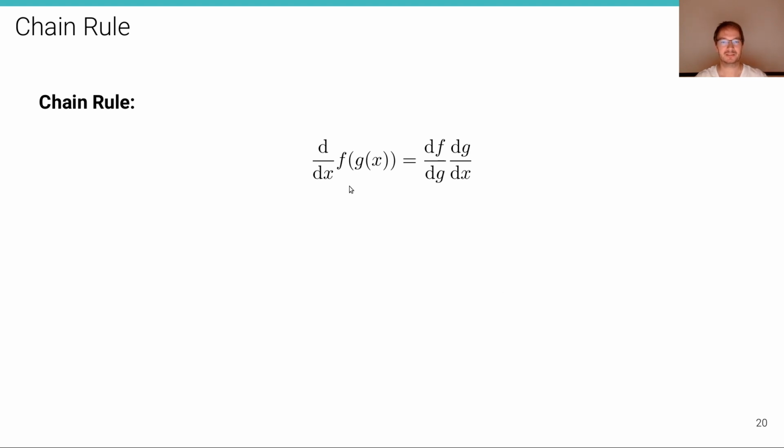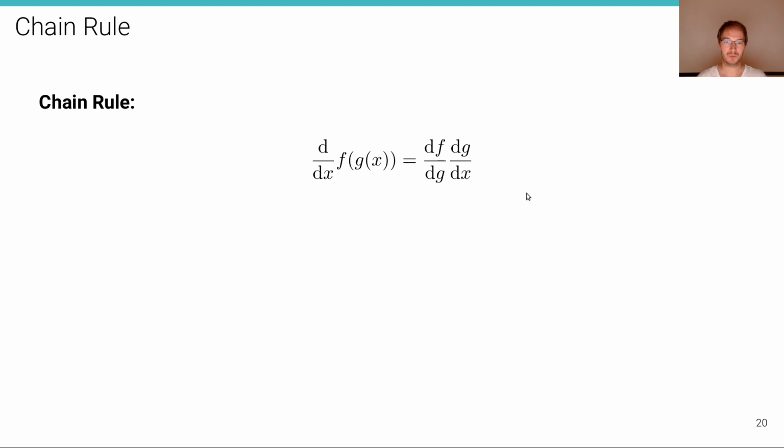And the chain rule tells us that if we have a concatenation of two functions, f and g, so here we have a function f that depends on the result of a function g, and that function g depends on some value x, then the derivative of that function f with respect to the variable x is equal to the derivative of the function f with respect to g times the derivative of the function g with respect to x. Right? So this is the simplest form of the chain rule.